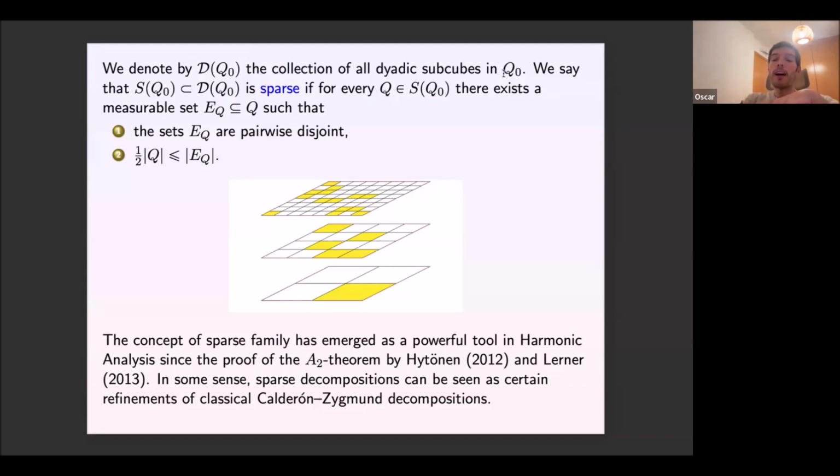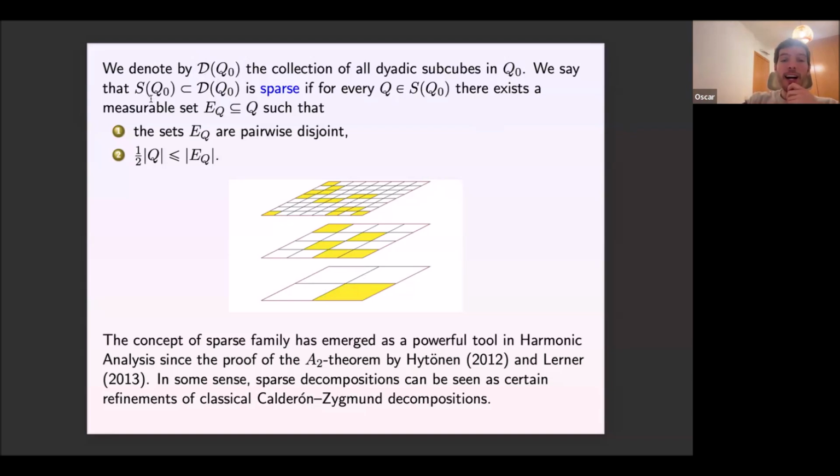Assume that you have a fixed cube, say Q0, where you may assume that Q0 is the support, if you wish, of your fluid, of your vorticities. Let us denote by D the collection of all dyadic subcubes in Q0.